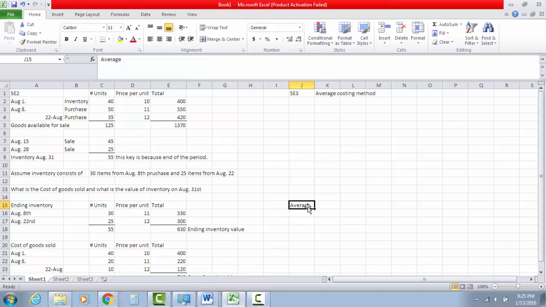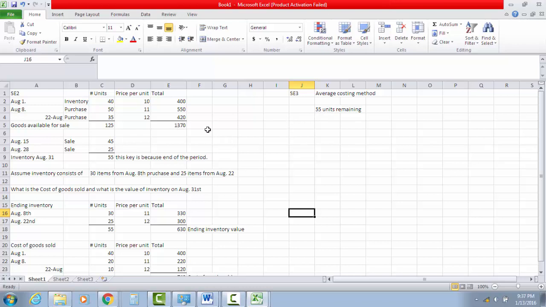Right? So remember, we've already solved for part of this problem. So we know we have 55 units remaining, but we don't know the cost of it. So we're going to have to take a further look into that and see what we're looking at here. So we have the 55 units remaining. So the first thing we need to do is figure out the average cost.